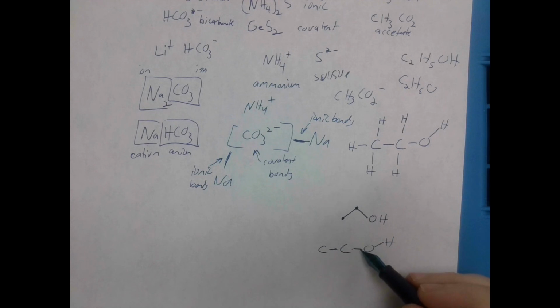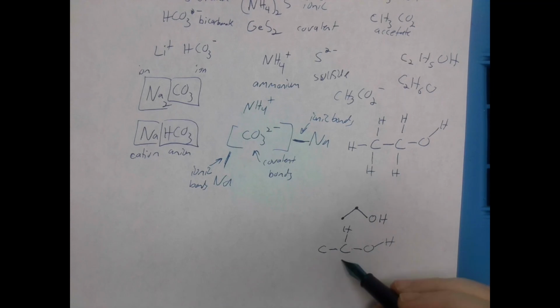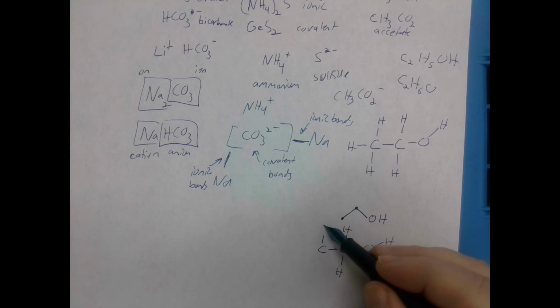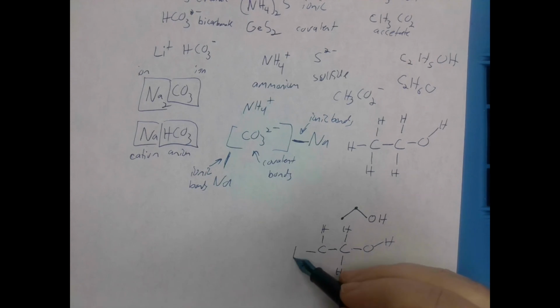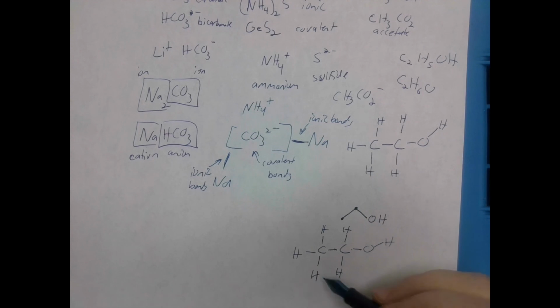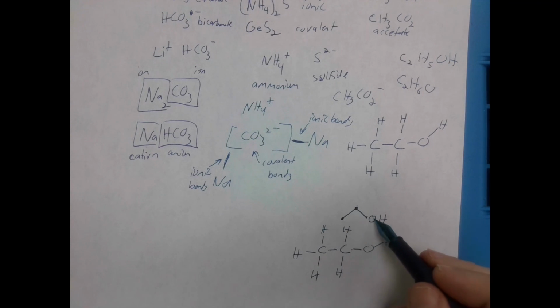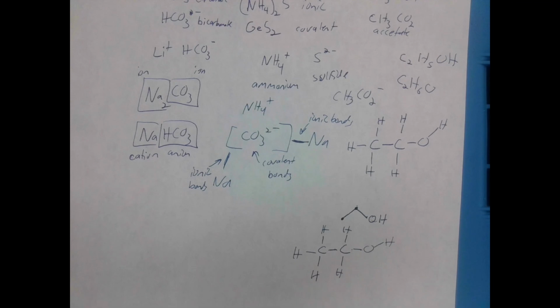So 1, 2, 3, 4. I need 5, 6, 7, 8. We add hydrogen to complete the octet rule. So we have 1, 2 here. So 3, 4, 5, 6, 7, 8. So the carbon is these two endpoints. This is not a carbon because it has an O next to it. It's really simple.